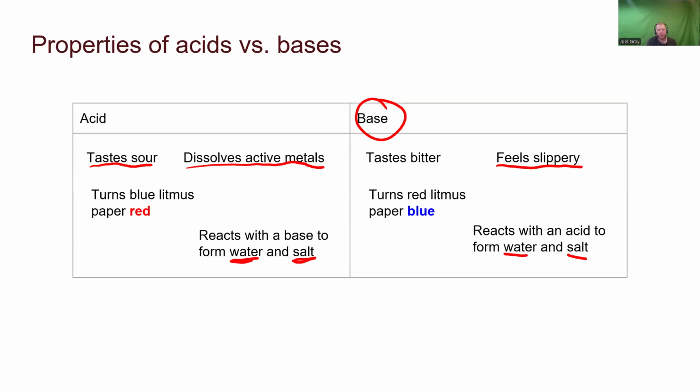Now, can anyone tell me what it's called whenever you add a base to an acid? My hint is it starts with an N and it ends with an N. Neutralization.